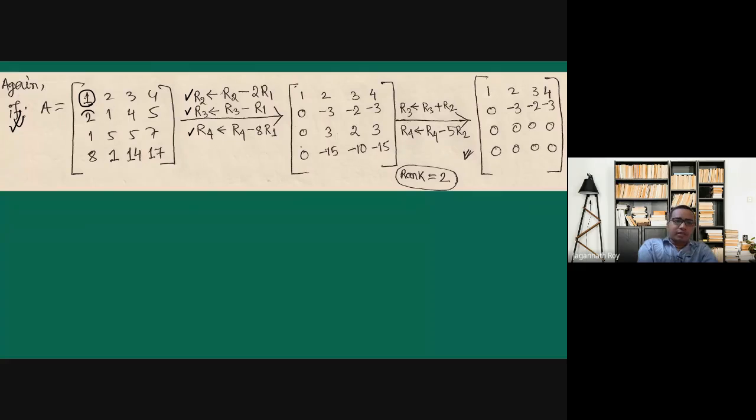In order to make the second row 0, what we have to do? R2 minus 2 into R1. In the third row, if you want a 0 here, then we have to subtract R1 from R3. Similarly, we want 0 here, so we will subtract the first row from R4 and we will multiply the first row with 8.